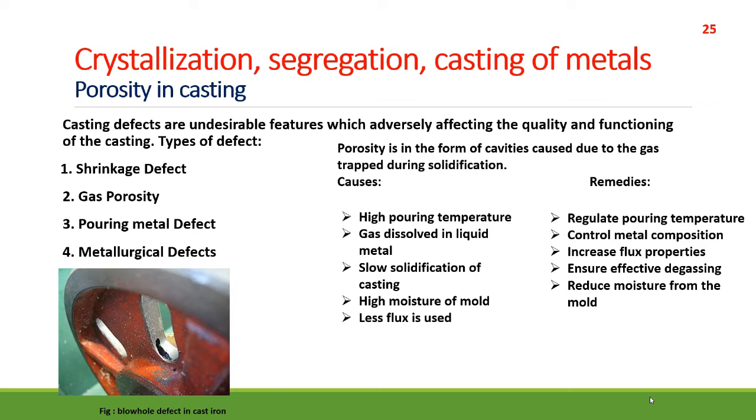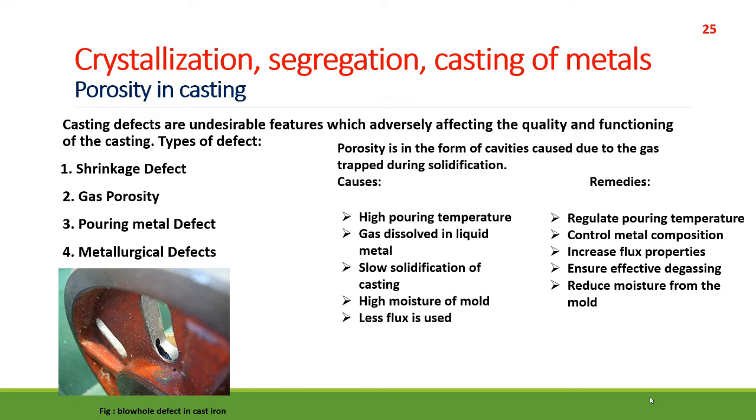The number two is gas porosity, which is a very common type of casting defect, and it forms due to the formation of bubbles within the casting after it has cooled.